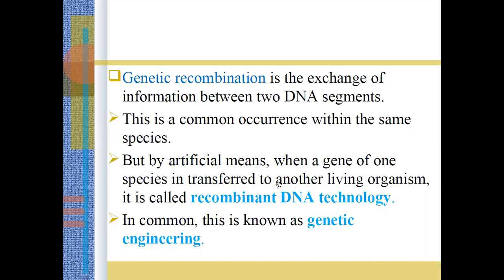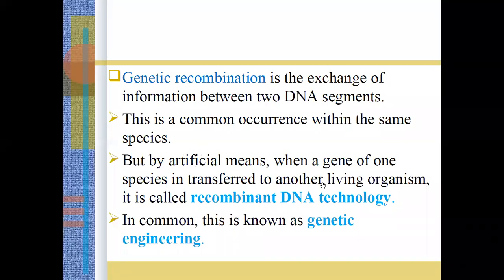This artificial means includes the transference of a gene of one species to another living organism. When a gene from one species is transferred to another living organism's DNA, such technology is called recombinant DNA technology.